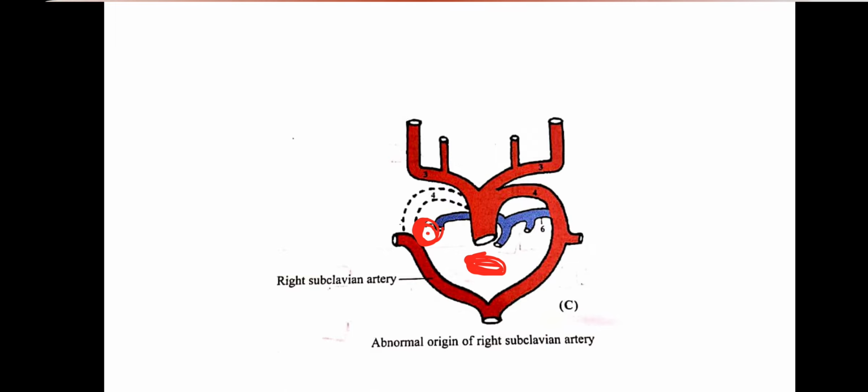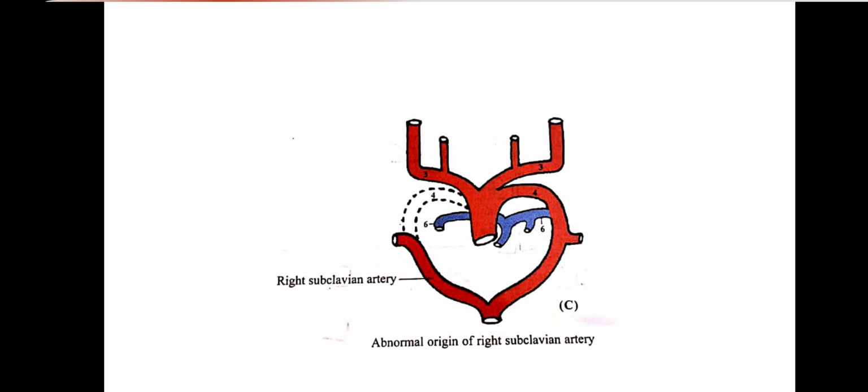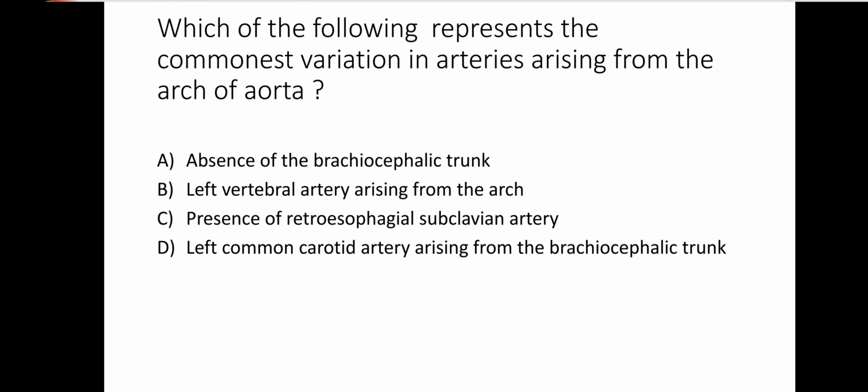What if there isn't a gap here? What if something is persistent here? Please also comment in the comment section what will complete the ring. Which structure, if persistent, will complete this ring and can cause a greater dysphagia? Coming back to the question, which of the following is the most common variation?